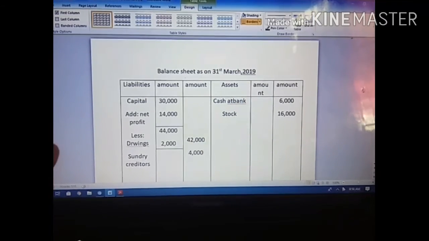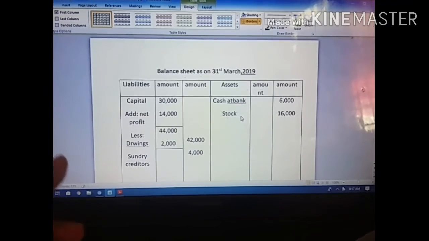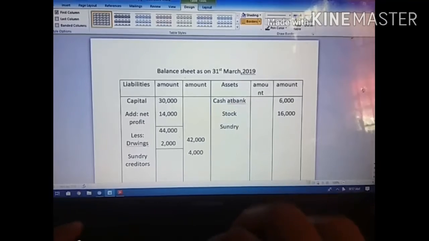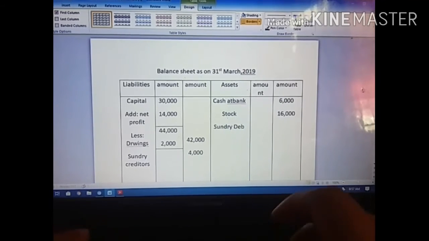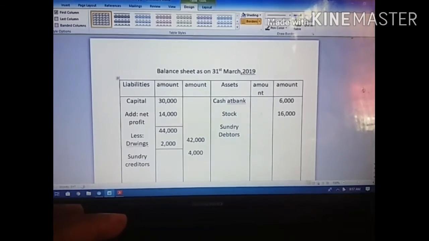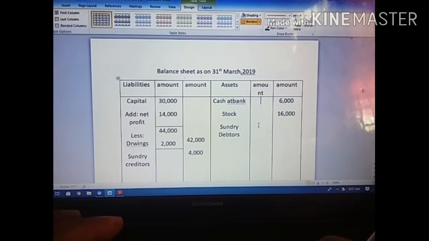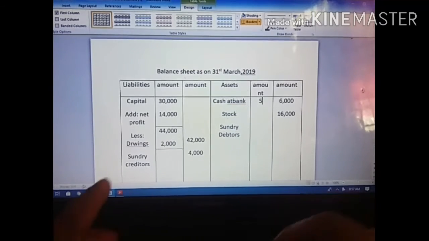Sundry debtor. So for sundry debtor we have an adjustment. Sundry debtor, they have given 5,300.